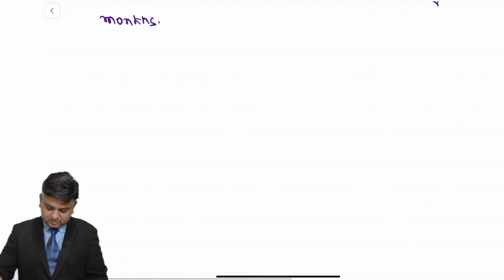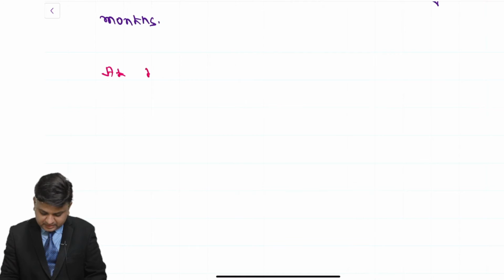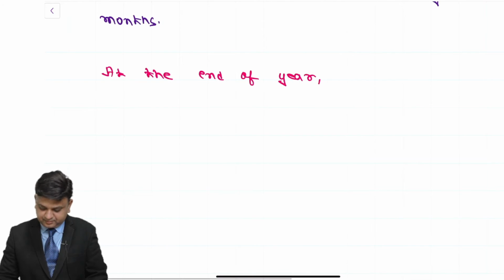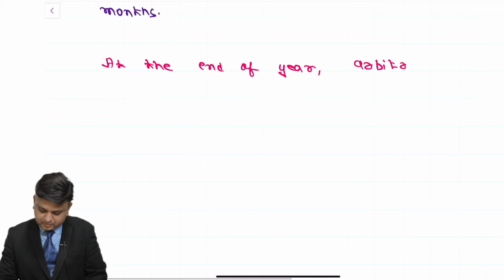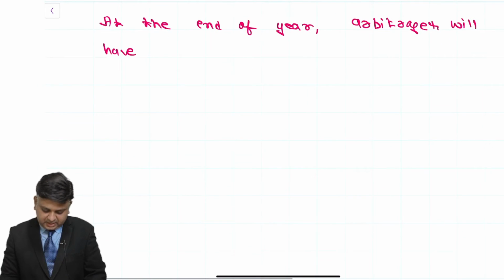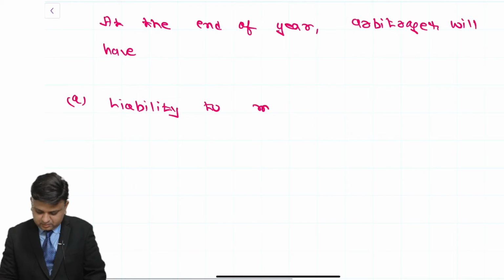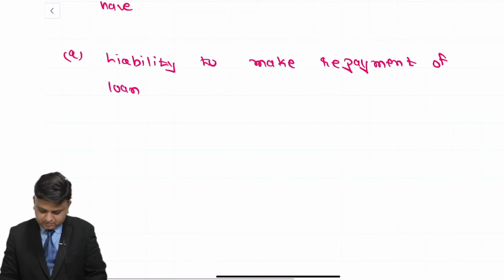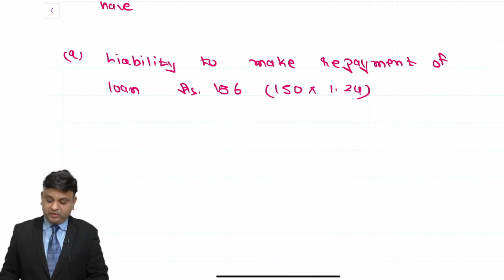With a paragraph, write down, at the end of the year, comma, the arbitrator will have: A, liability to make repayment of loan rupees 186. In bracket write down 150 into 1.24.